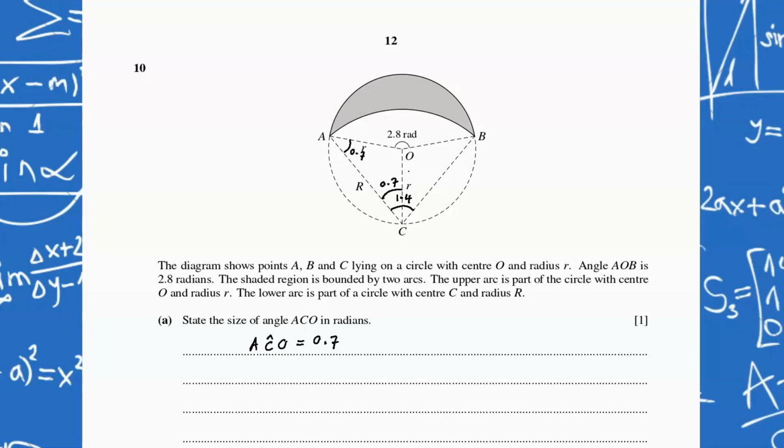It's 0.7, and the logic is I have used circle geometry to know that the angle subtended by an arc at the center is twice the angle at the circumference. So 2.8, so this should be half of that, 1.4, and the angle ACB is split into 2 equal parts. So ACO is the other half, and it's half of 1.4, so it's 0.7. So that's how we do it for part A.